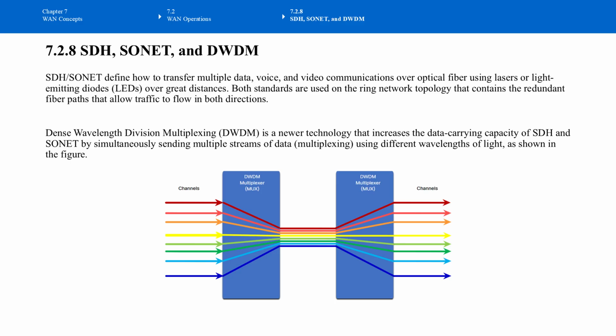Dense wavelength division multiplexing, that's the DWDM, is a newer technology that increased the data carrying capacity of SDH and SONET by simultaneously sending multiple streams of data using different wavelengths of light, as shown in the figure.